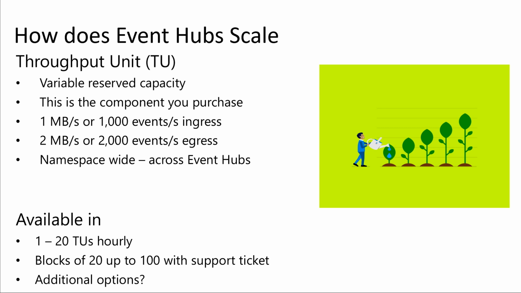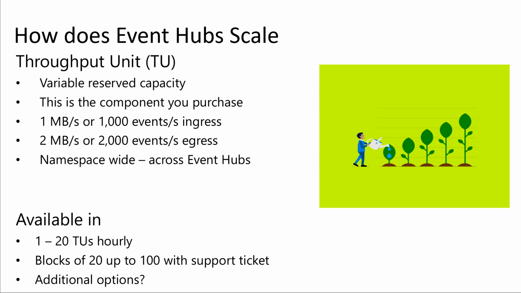Today, we let you choose these throughput units from 1 up to 20, and it's charged hourly. Beyond 20, we do have a lot of customers wanting to go beyond, which we do in blocks of 20 up to 100. You'll have to open a support ticket with us. And I'm going to come to the additional options part a little later.